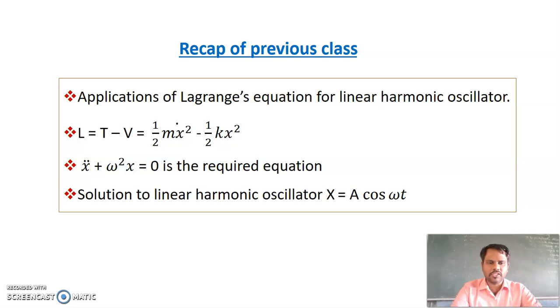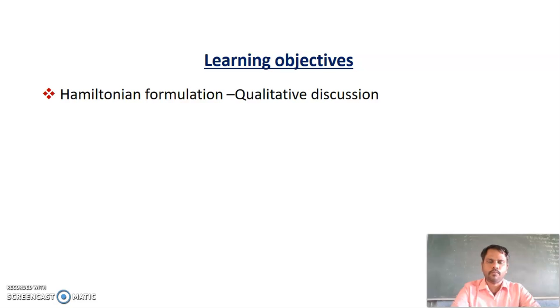And solving Lagrangian equation, we arrived at the equation for the linear harmonic oscillator to be x double dot plus omega square x is equal to 0. And the general solution for this is x is equal to a cos omega t. So this is what we have studied in the last class.